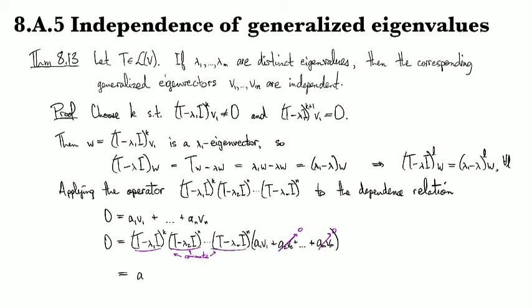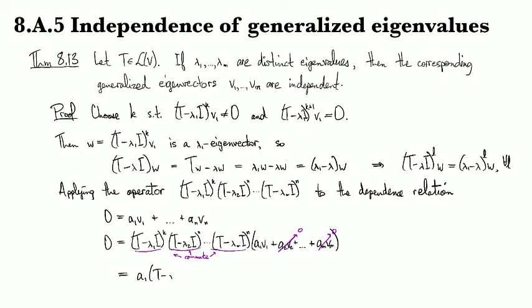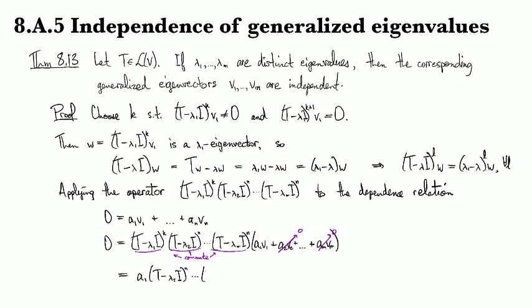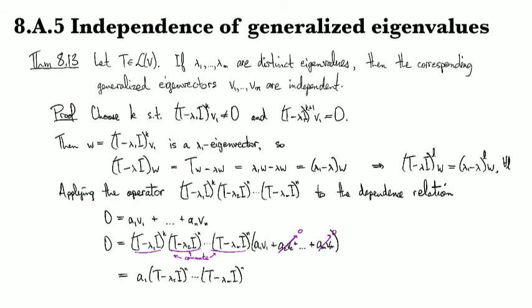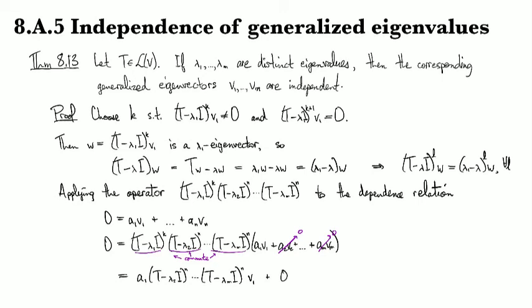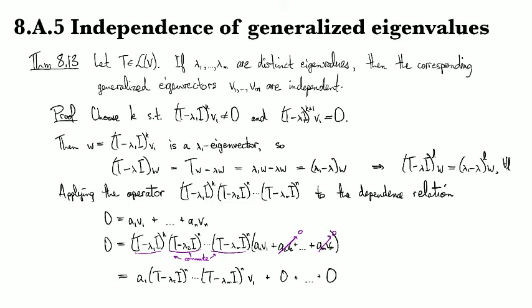What we get there is a1 and then the rest of the business. And all the others are dead by that argument.